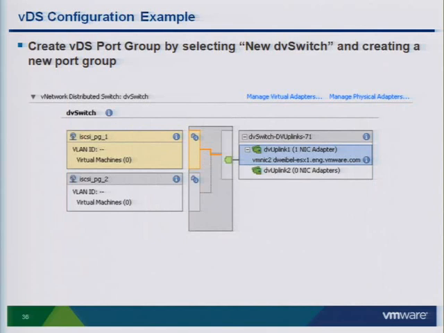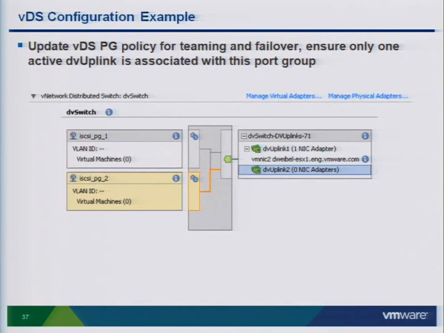So once you've done this with a new DV switch, if you go into the configuration, you'll see that there are port groups that have one active uplink, and the other port group also has one active uplink. And once this is done, you go into the command line configuration just like you would with the legacy switch.